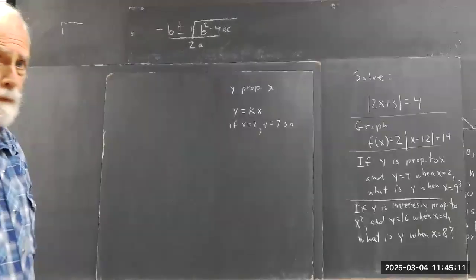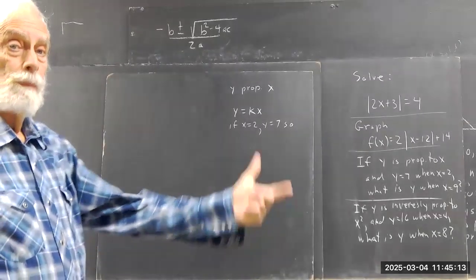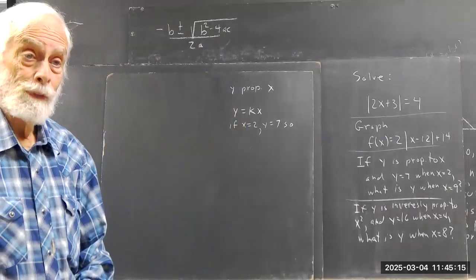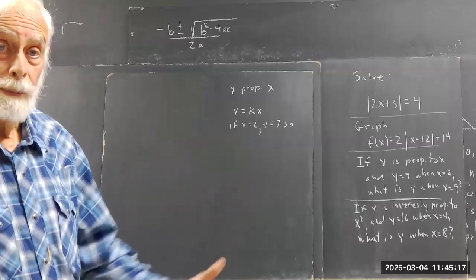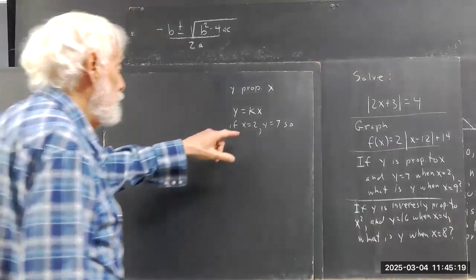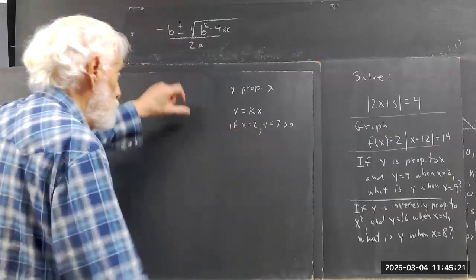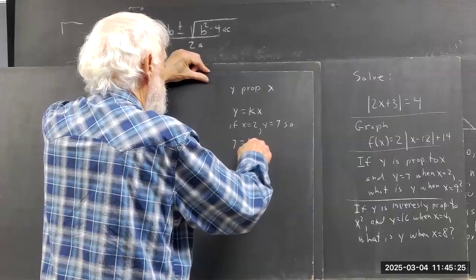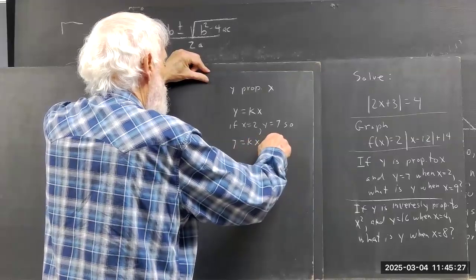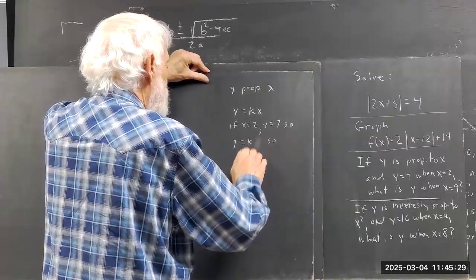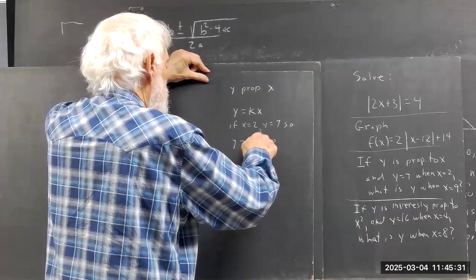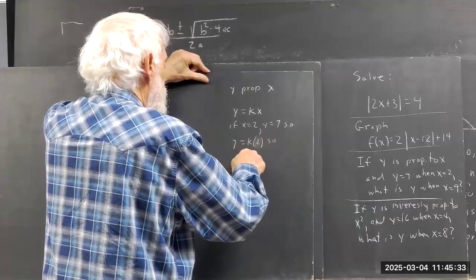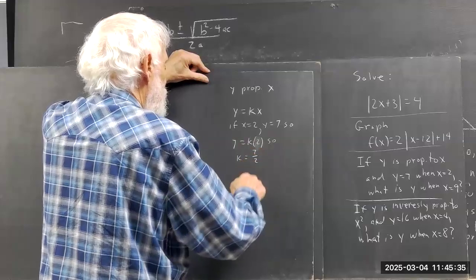And write out my words. The words I used last time or the words I'm using now. Or your own words as long as they have the same content. This tells you use this known information. Write 7 equals k times 2. So k equals 7 halves.